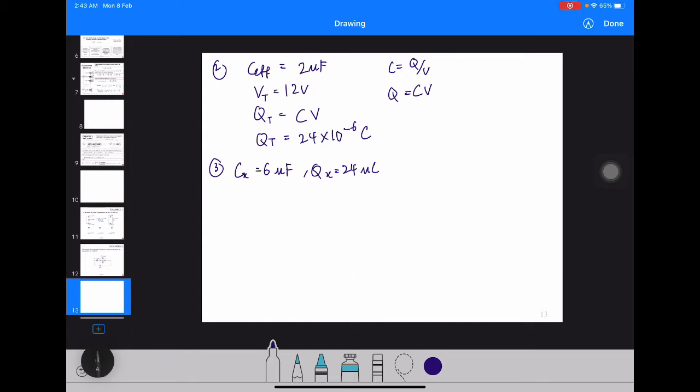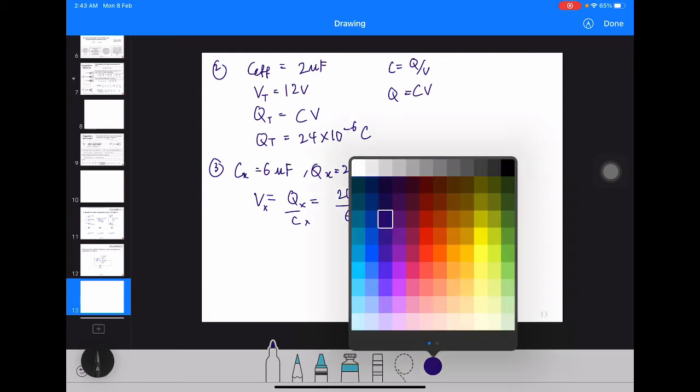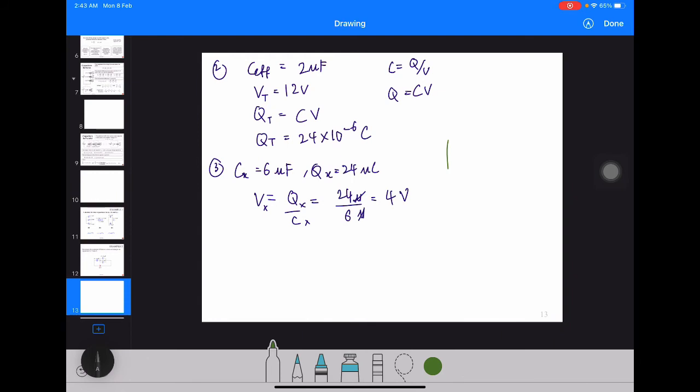My V is actually equal to Q over C, 24 divided by 6, which is 4 volt.